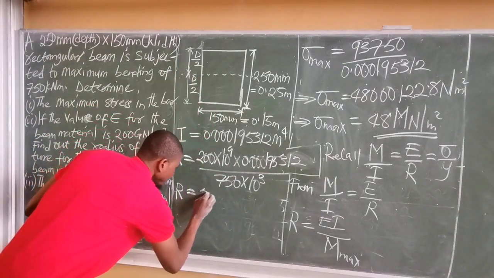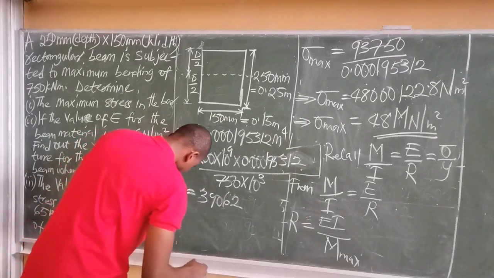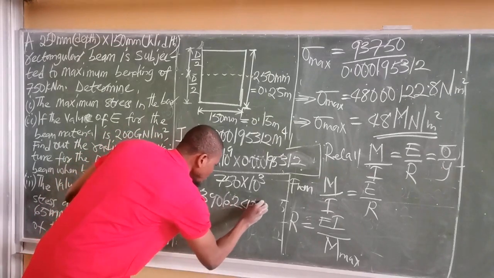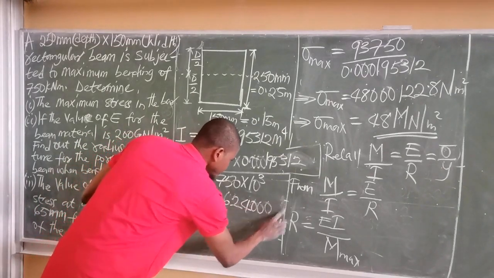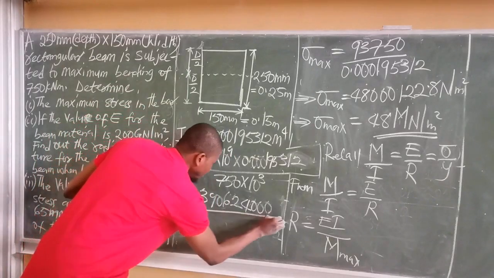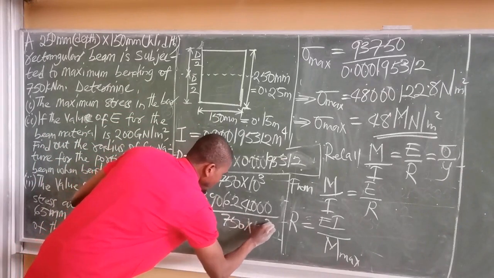That gives us 39062400, all over 750 times 10 to the power of 3.